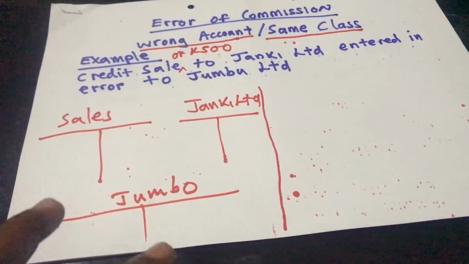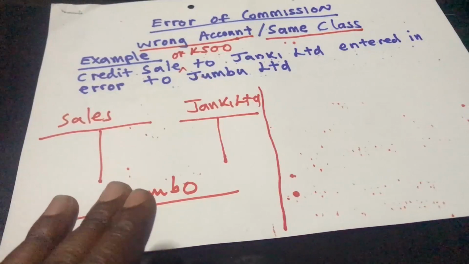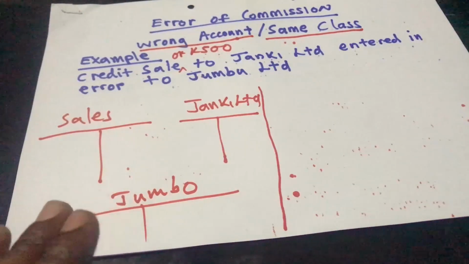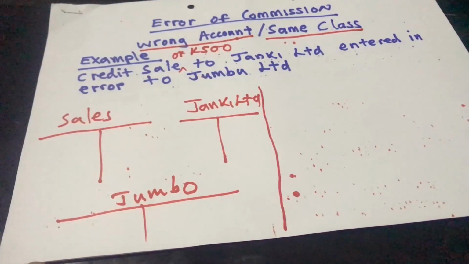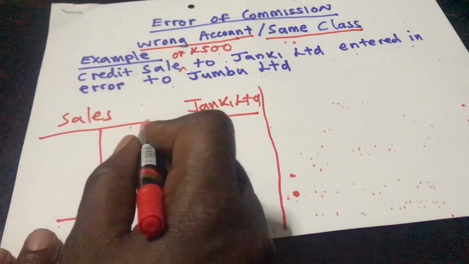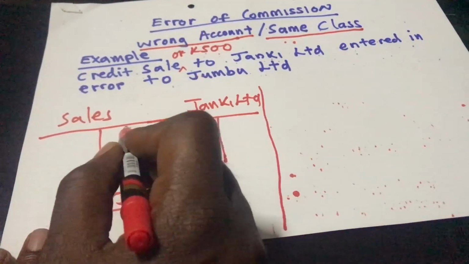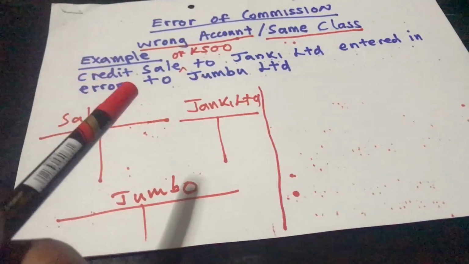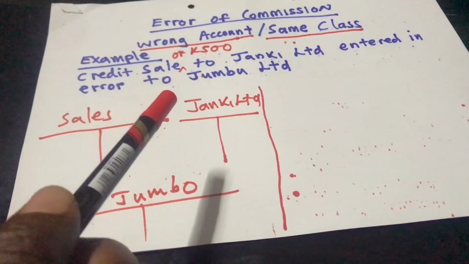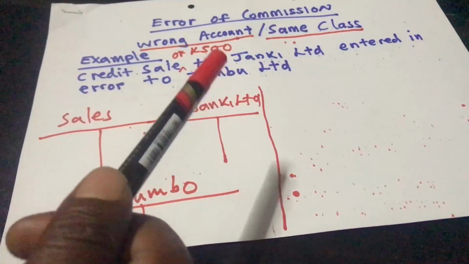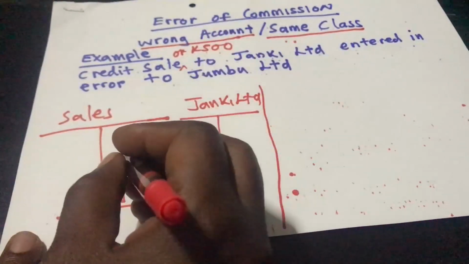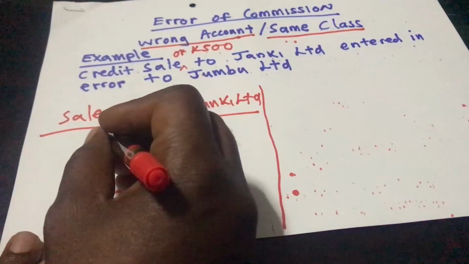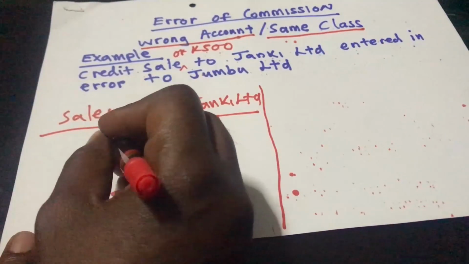Take it step by step. So you've seen there's a credit sale that has been made. So we all know that sales are always what? A credit. So we are going to write a credit here. So there's a credit sale of 500 to Junkie. So it's supposed to be Junkie, isn't it? Okay, so we are going to say Junkie.